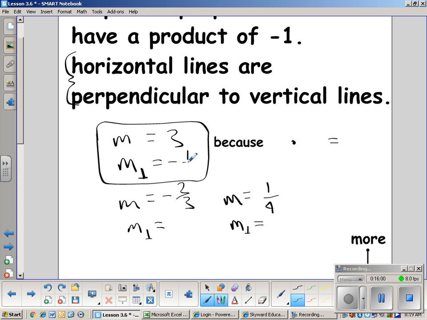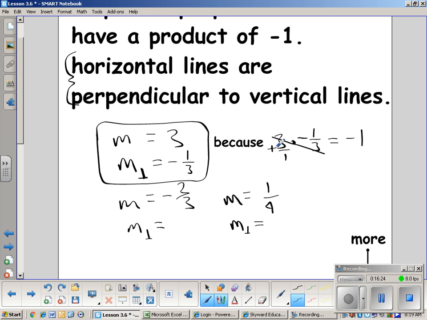And then -1/3 times 3 over 1 is -1, right? So the slope of the perpendicular line is going to be -1/3 because 3 times -1/3 is -1. This is really 3 over 1, and my 3's cancel. I get a negative times a positive, which is -1.